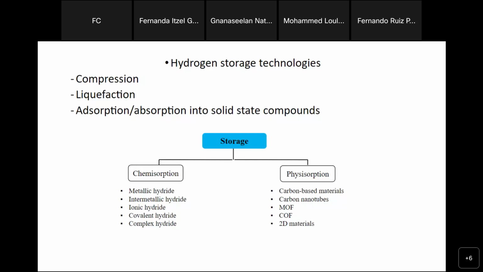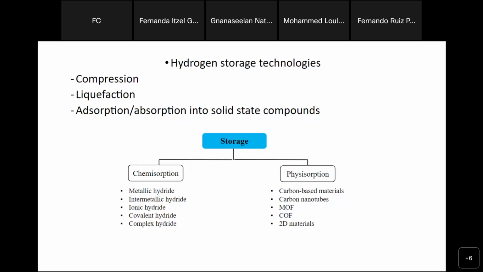The complex hydrides present the highest gravimetric capacities, but their problem is the fact that for their decomposition one needs more than one reaction.